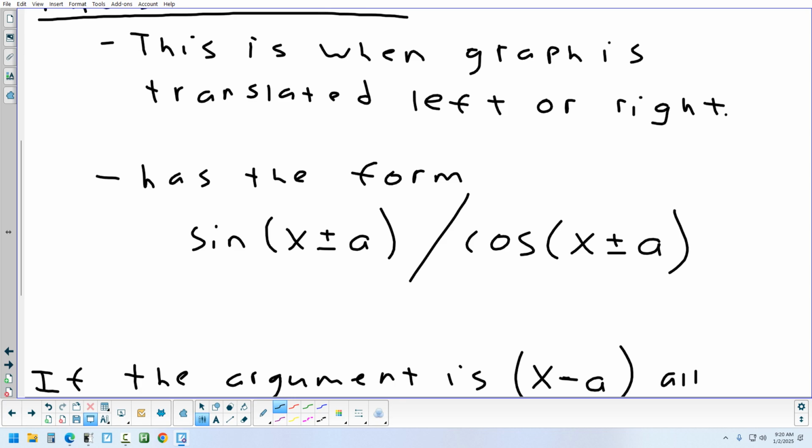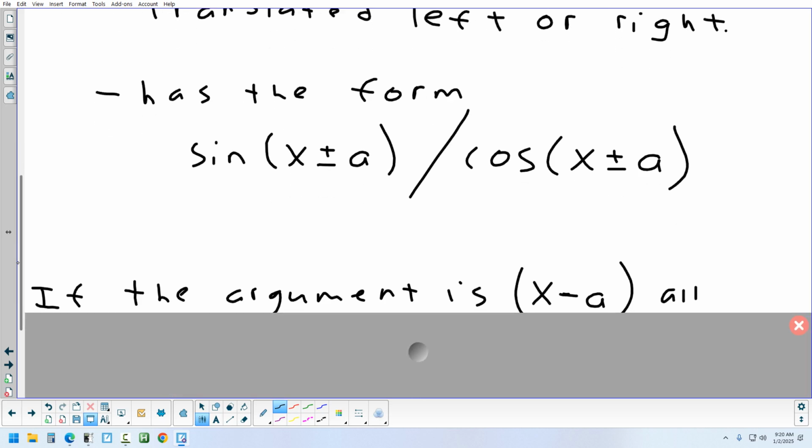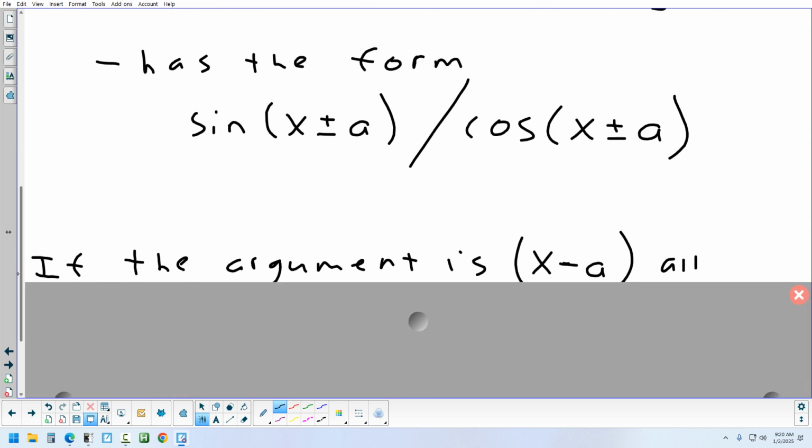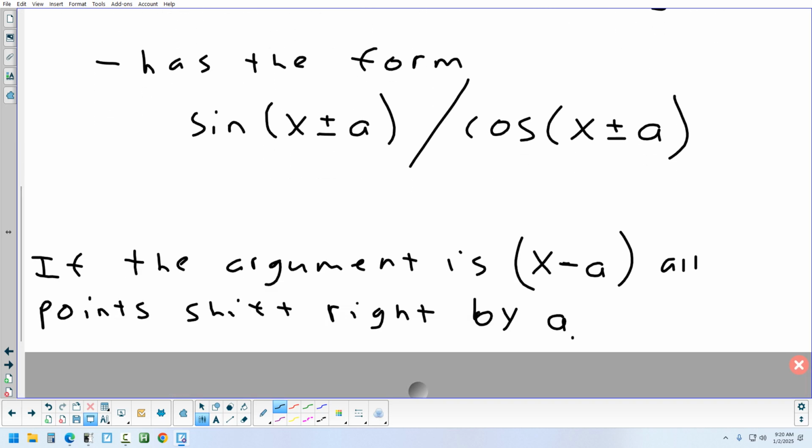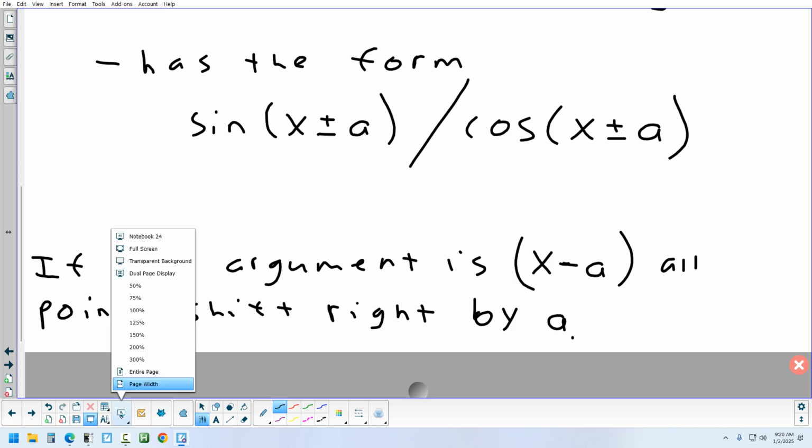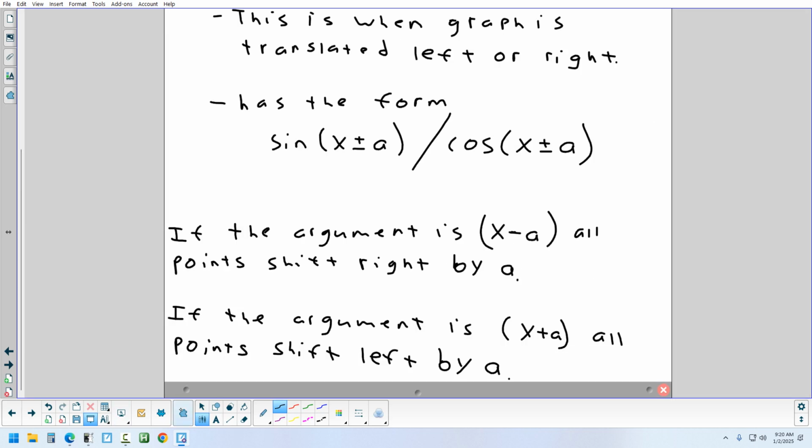So phase shift, adding or subtracting inside the parentheses. It is the first transformation you would deal with when we start doing multiple. That's why I use the letter A, just like I have all year. Minus a number is going to move it to the right. Plus a number is going to move it to the left. So nothing new there at all.